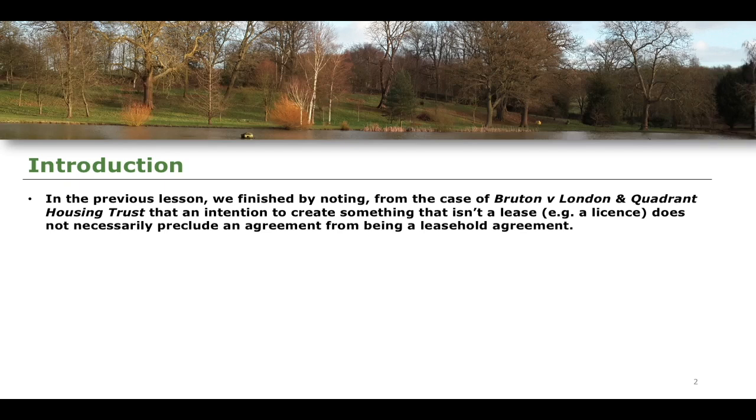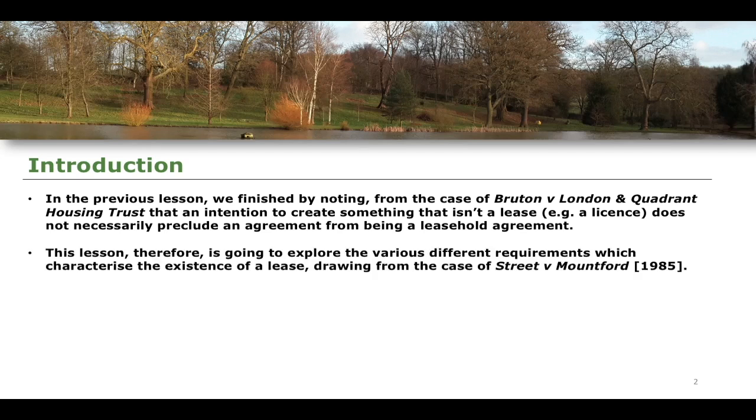So the intention to create a lease does not necessarily preclude an agreement from being a leasehold agreement. The reason for this is because so long as it has the certain and distinct characteristics which are necessary for the existence of a lease, then it can be one, even if, like I said, the intention does not necessarily suggest that it is.